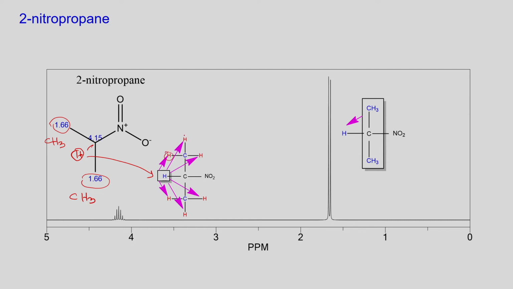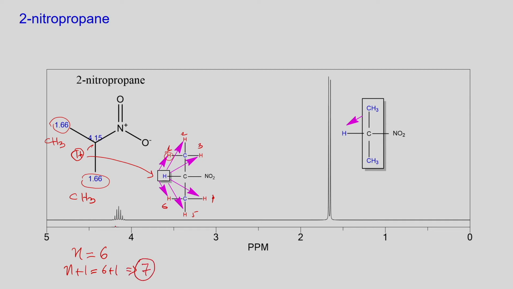See, 1, 2, 3, then 4, then 5, 6. So it is sensing 6 different nuclei in the field. So n here will become 6. So n plus 1 is equal to 6 plus 1, which is equal to 7.